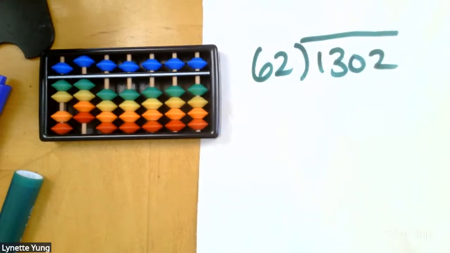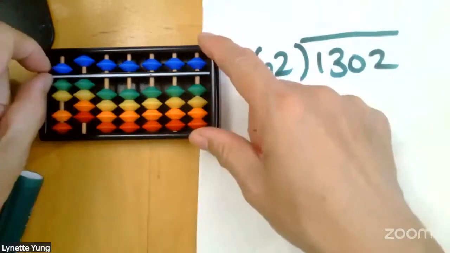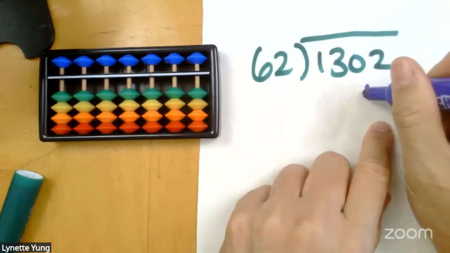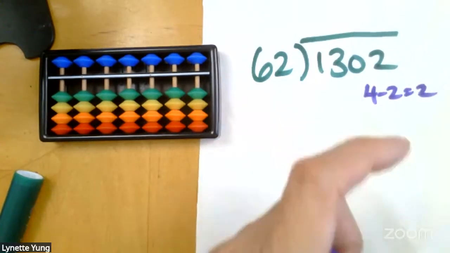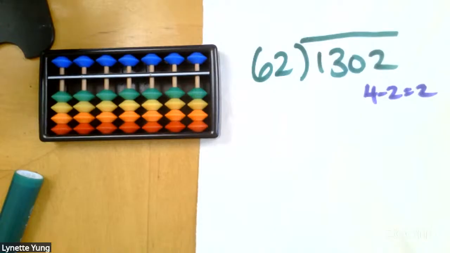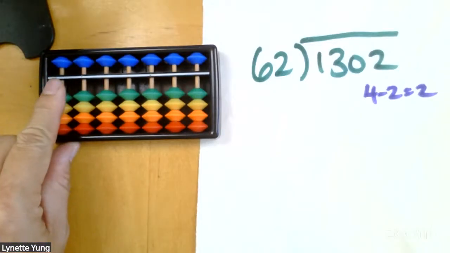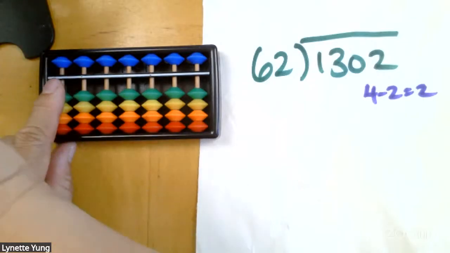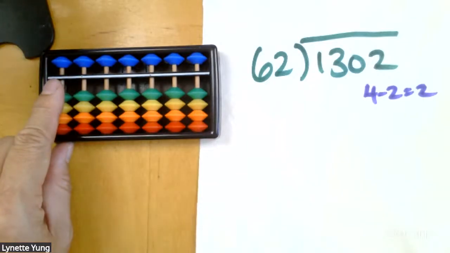What are we doing? We need to find out the position. You have 4 minus 2, which gives you 2 for your quotient. So you have 6, 2. Let's see where you're going to start.